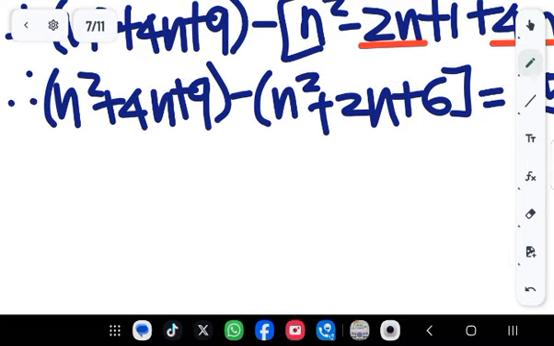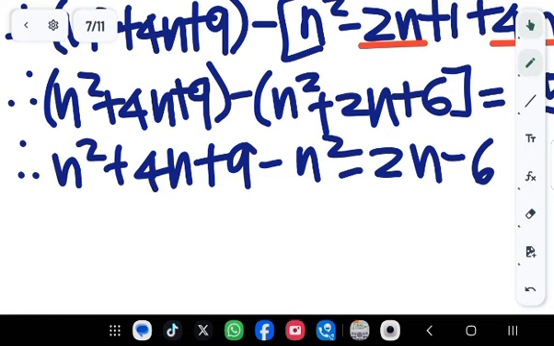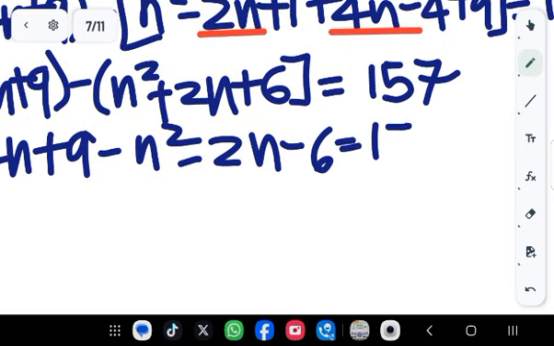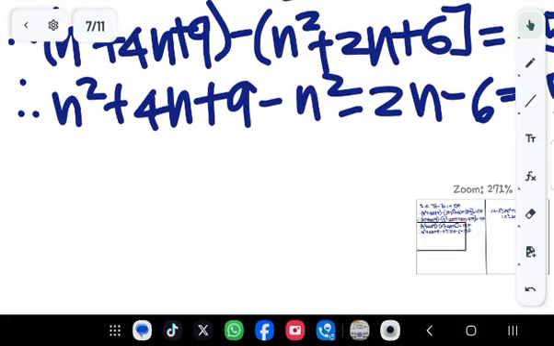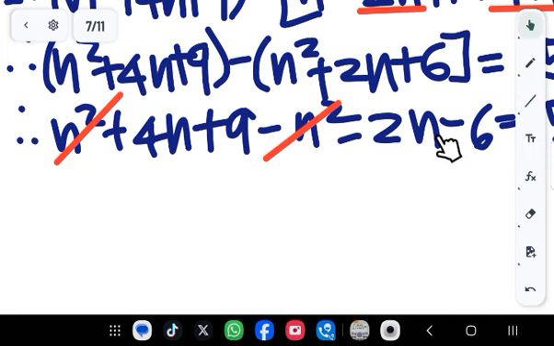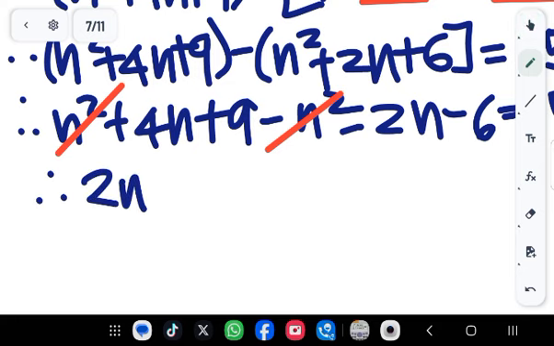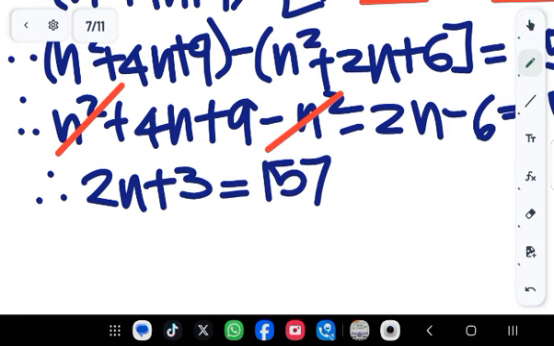Take off the brackets. First 9 minus n squared minus 2n minus 6 equals 157. Add like terms: n squared minus n squared is 0, so they cancel out. Now 4n minus 2n gives us 2n. 9 minus 6 gives us 3, so that is equal to 157.